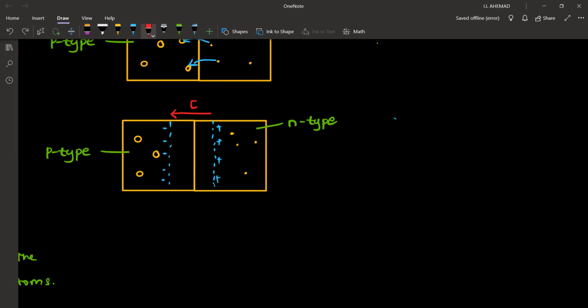Therefore, we call this region the depletion layer. We can call it the depleted region or the depletion layer.